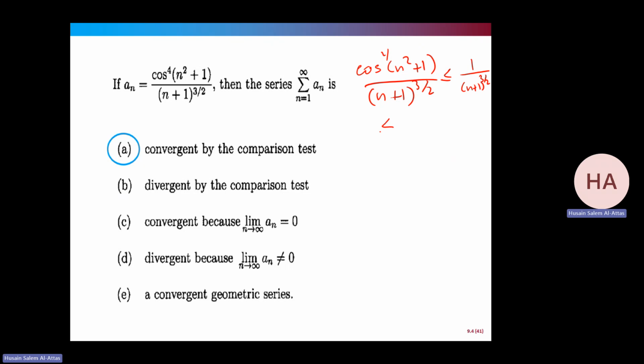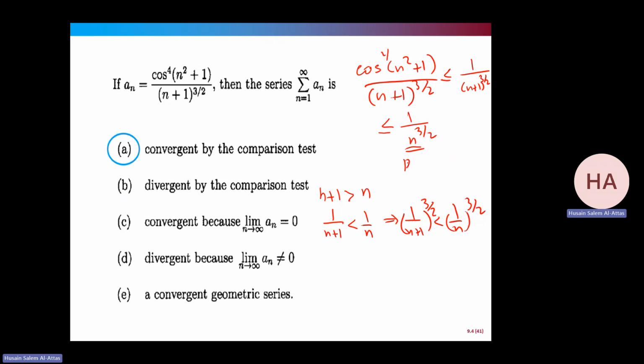And this for sure will be less than 1 over n to the power 3 over 2. Why is that? Since n plus 1 is greater than n, 1 over n plus 1 will be less than 1 over n. So 1 over n plus 1 to the power 3 over 2 is less than 1 over n to the power 3 over 2.